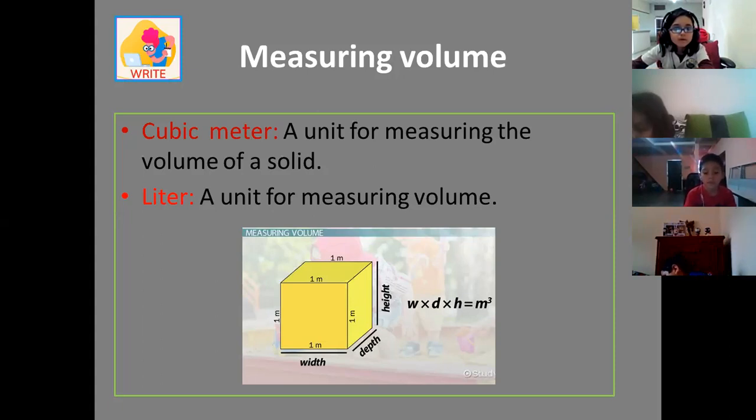Maybe they would put a lot of things in to know how much you can hold. But now, to measure something accurately, guys, it's best to use the same tools the scientists use, okay?